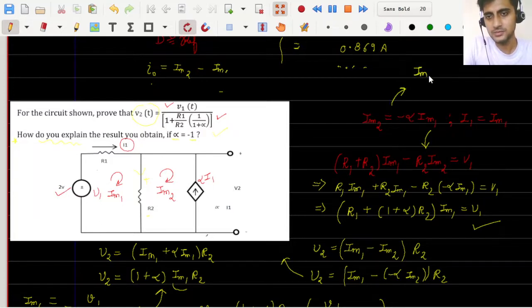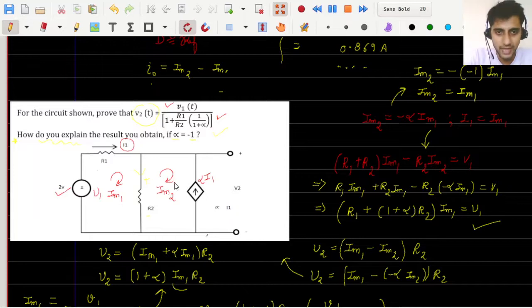If alpha becomes -1, then Im2, the mesh current which is flowing in mesh 2, will become equal to minus of -1 times Im1, and I will get Im2 equals Im1.